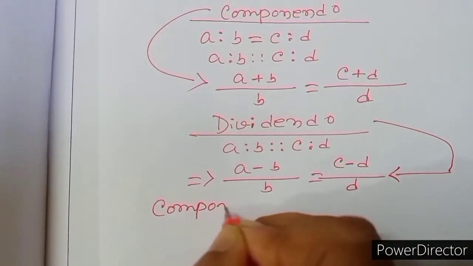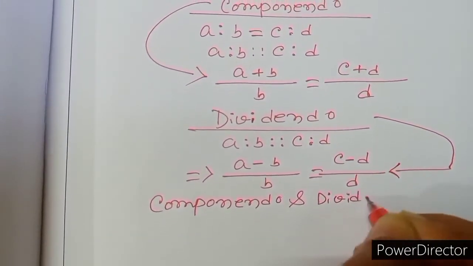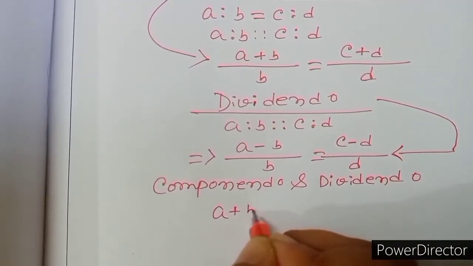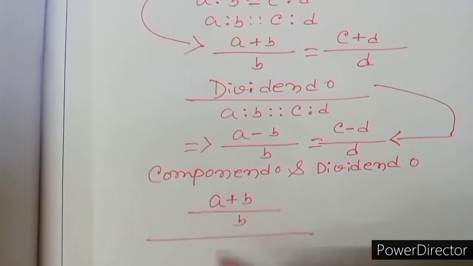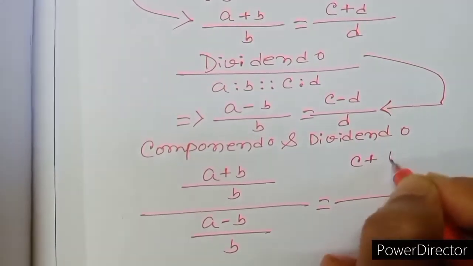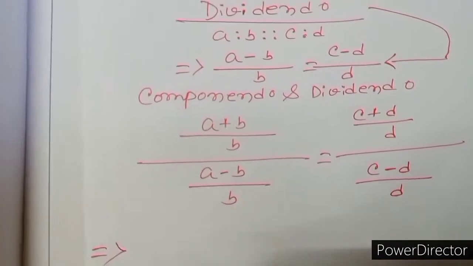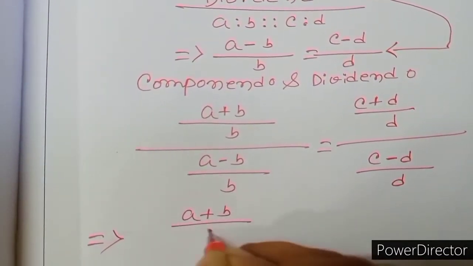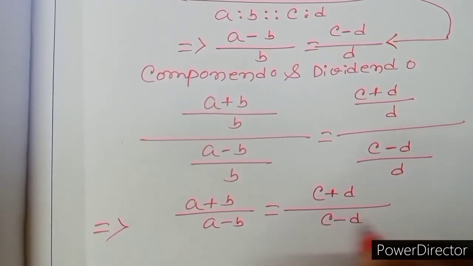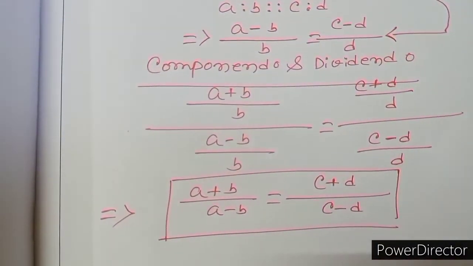When we say componendo and dividendo, we know A plus B by B by A minus B by B equal to C plus D by D by C minus D by D, or we can write A plus B by A minus B equal to C plus D by C minus D. This is called componendo and dividendo.